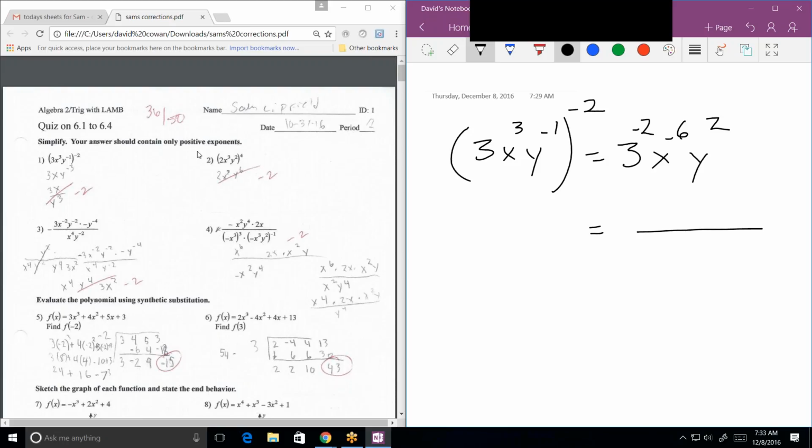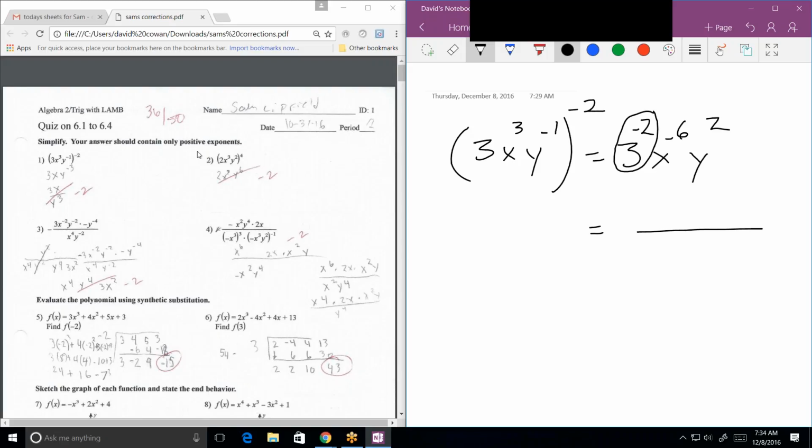Draw a fraction line. Where does this one go? Which side of the fraction bar does the 3 to the -2 go on?